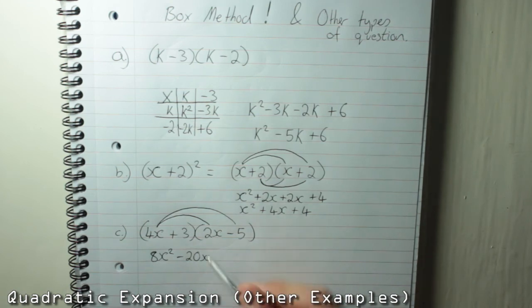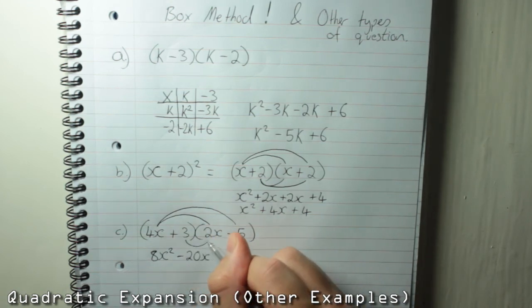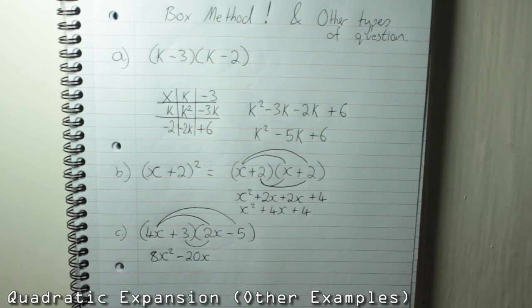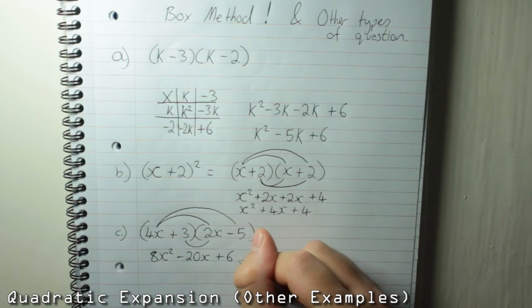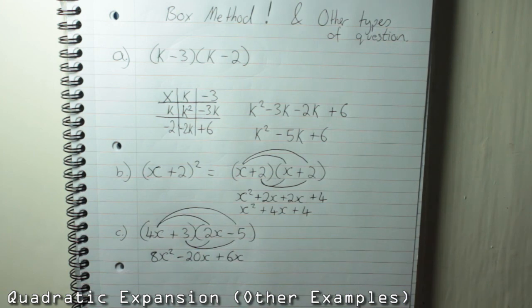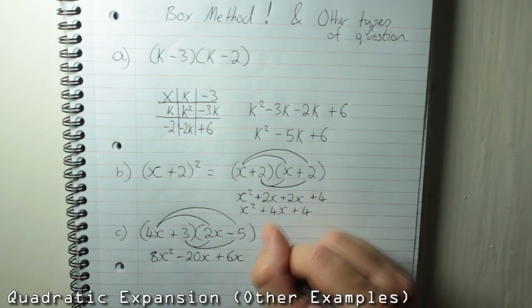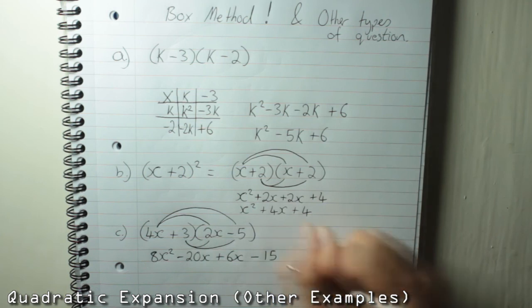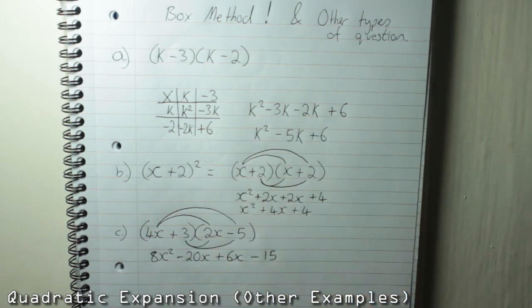Now underneath, 3 lots of 2x is 6x, positive. And the last part, 3 multiplied by minus 5 is minus 15. So, as you can see, we've done exactly the same thing as we've done before. The only difference is, because of the numbers in front of the x's, our numbers have ended up just a bit bigger, that's all.